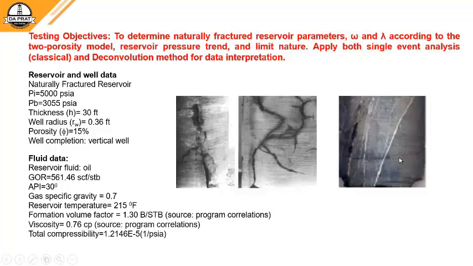They're tied by a relation which tells us the feeding from the matrix to the fractures. So if you solve that equation, which as I said was solved over 15 years ago already, you're going to end up with the model that you expect to simulate the data when you get data from a fractured reservoir.